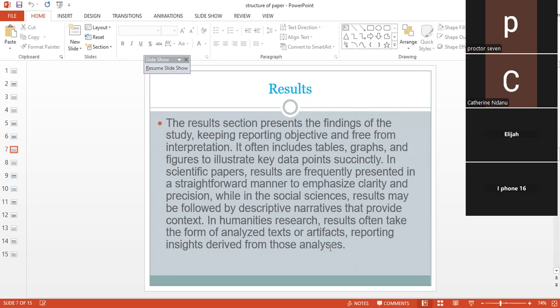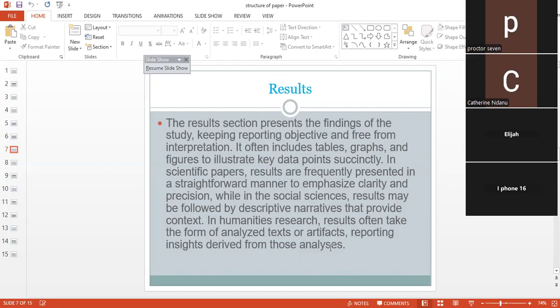It includes tables, graphs, and figures to illustrate key data points clearly. So in scientific papers, results are frequently presented in a straightforward manner to emphasize clarity and precision. So in natural sciences, there are no winding explanations, there is no ambiguity, everything is stated with precision.